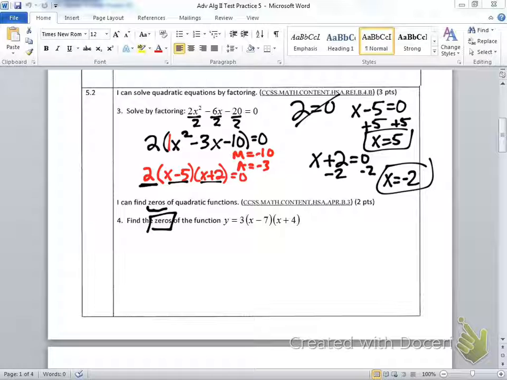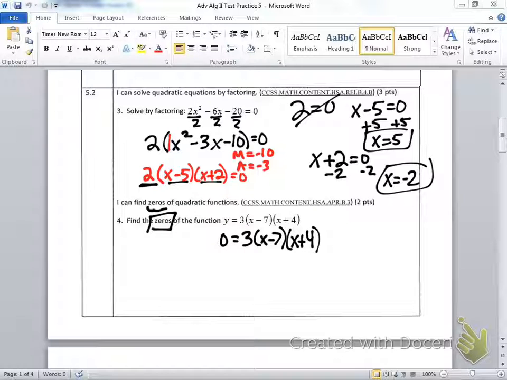The zeros is the same thing as the x-intercepts. So you're going to take the y out, and you're just going to put a 0 in. Then you solve just like we did above. So just kind of a minor detail thing. Same process, though, the zero product rule. So the zeros is just what makes the y equal 0.